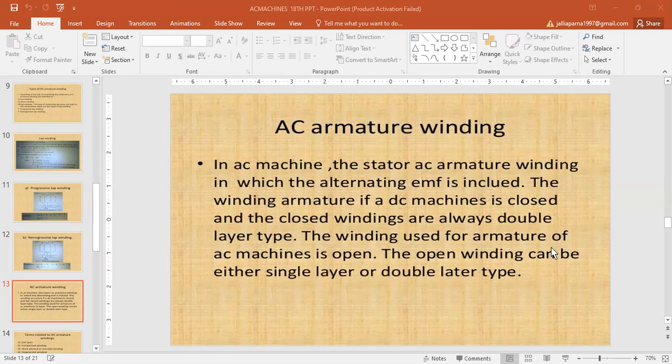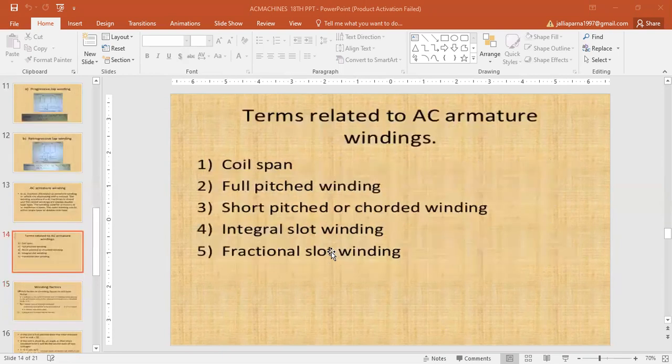The winding used for the armature of an AC machine is open. Open windings can be either single layer or double layer type. The terms related to AC armature winding: coil span, full pitch winding, short pitch winding, integral slot winding, fractional slot winding.